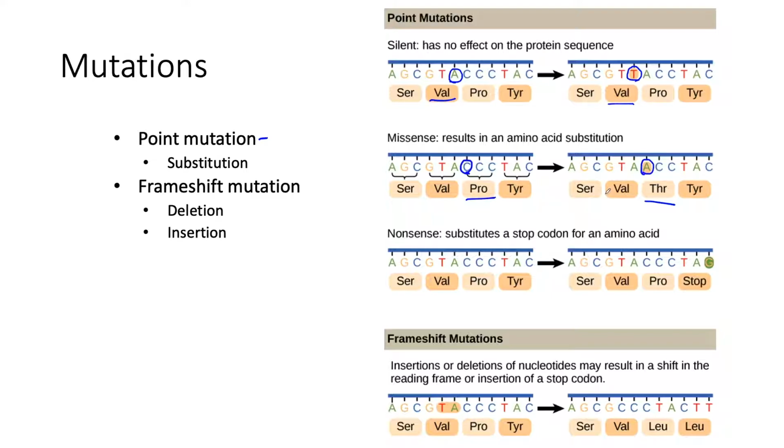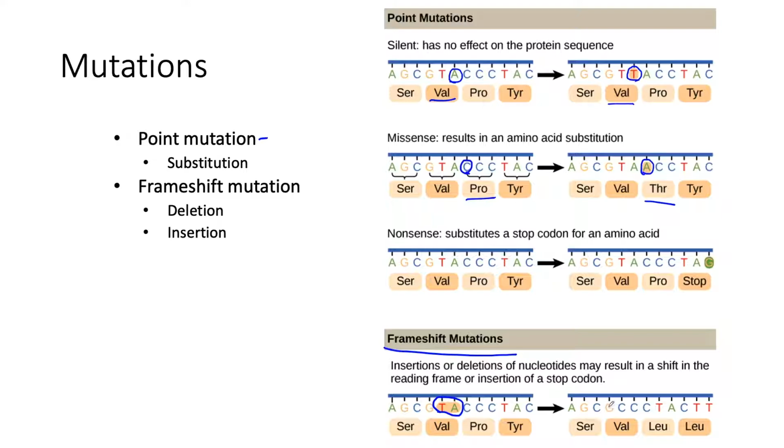Now, down here we see some examples of frame shift mutation. So if we look at this point right here, we have A, G, C, G, but this TA that was originally there is actually going to be deleted or removed. So instead, we don't have that there. Instead, it just shifts this C all the way over.